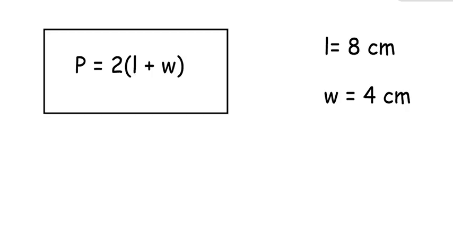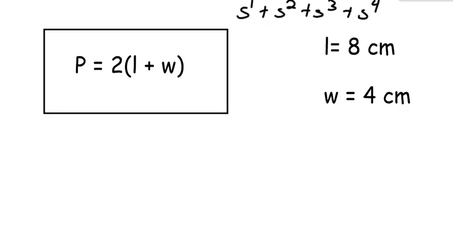Now, a similar formula that goes along with rectangles is the perimeter. In the past, we've looked at perimeter in different ways. Sometimes we say, okay, just add the 4 sides together: side 1 plus side 2 plus side 3 plus side 4. That's the basic principle.